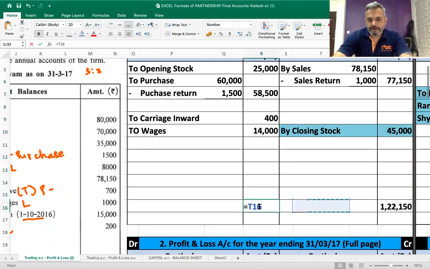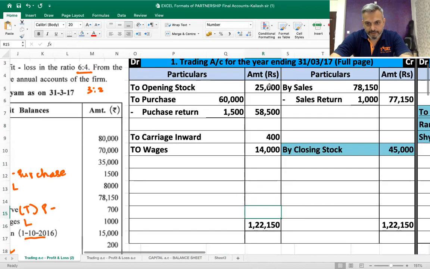The same credit side total we write on the debit side, because debit side is lesser than the credit side. So now we have the total. Now from 122,150 we have to subtract all of these. So that becomes our gross profit.